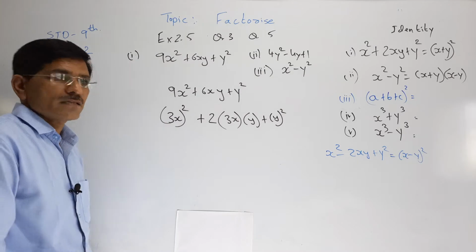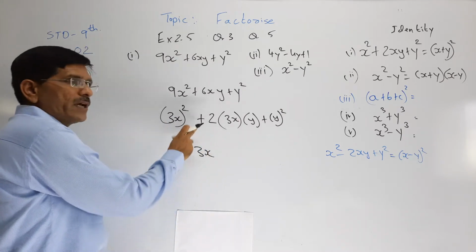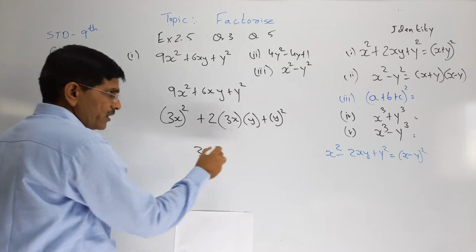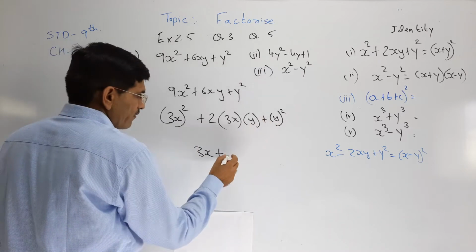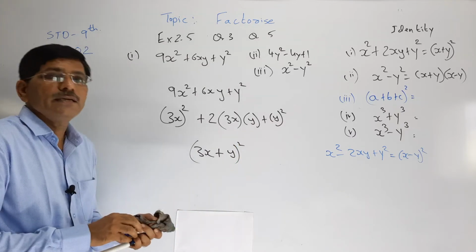Now what is my answer? From here I take 3x, from the middle term I take the sign, that is plus, and from the last I take y. The answer is 3x plus y whole squared.